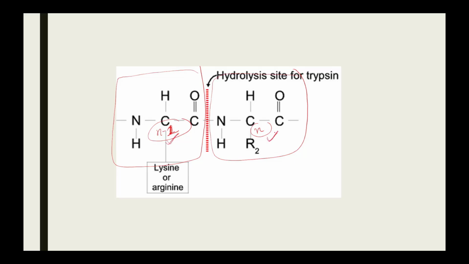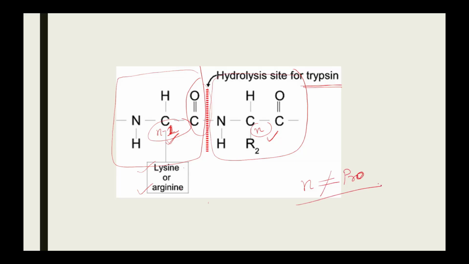So if N minus 1 is lysine or arginine, trypsin would digest the carboxy end of the lysine or arginine residue, except if N is proline.